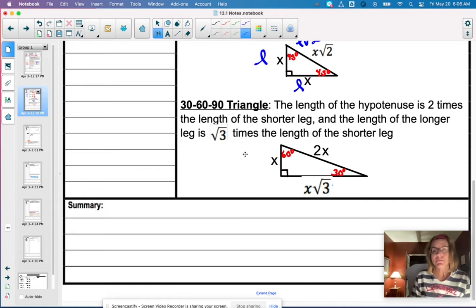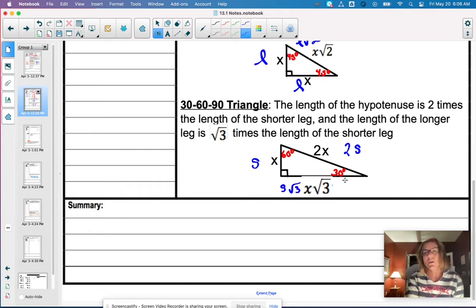And again, geometry teachers told me that they call this side S, this side 2S, and this side S root 3. If you want to use X, that's fine.